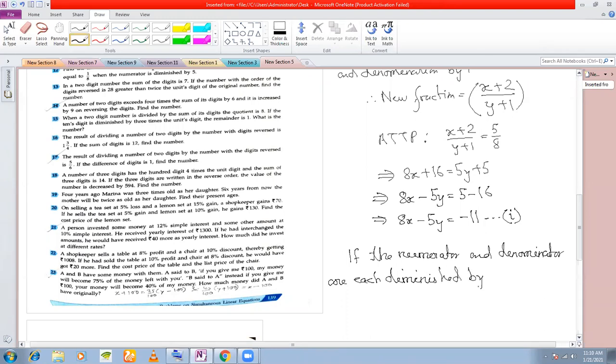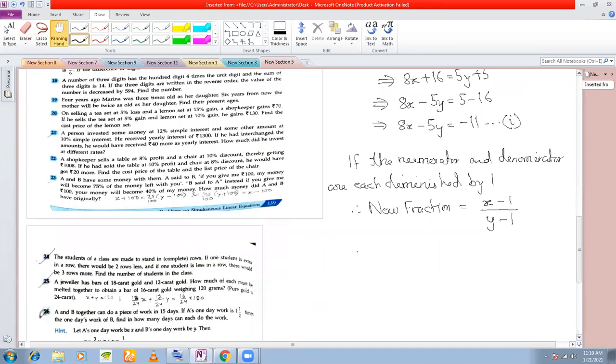From the original fraction, you are reducing the numerator by 1 and the denominator also by 1. According to the problem, the new fraction becomes half. So x minus 1 by y minus 1 is equal to half.